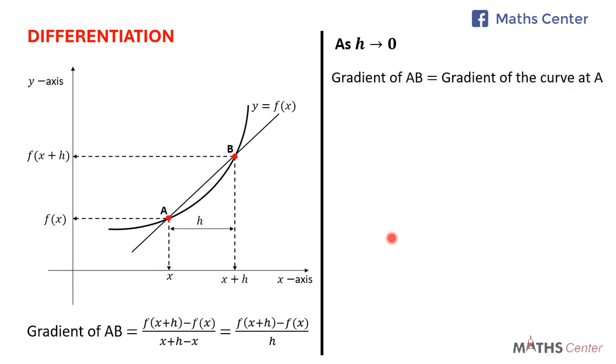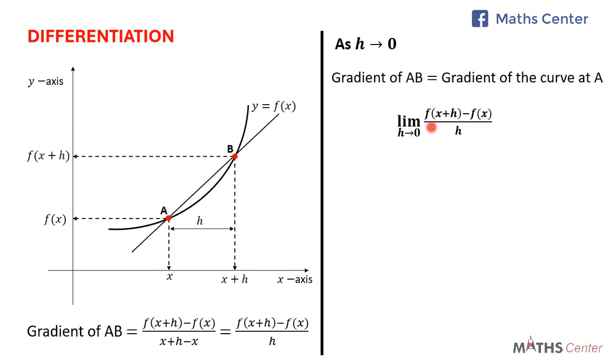From the lesson on limits, we know that we can write that as the limit of the function f of x plus h minus f of x divided by h as h approaches 0. Remember, the gradient of the line AB is f of x plus h minus f of x divided by h.